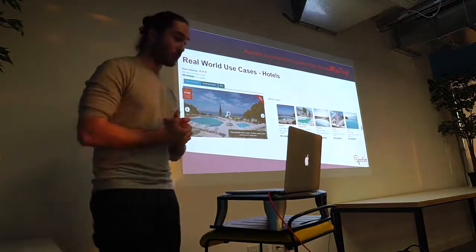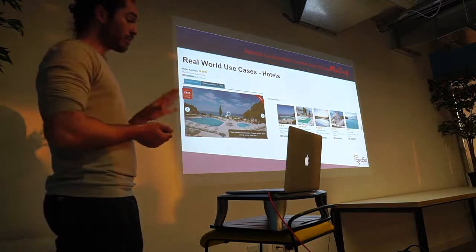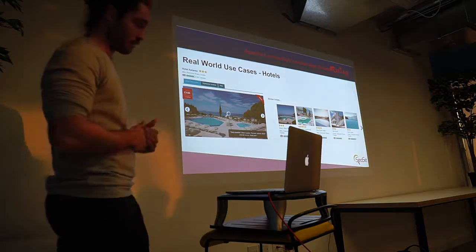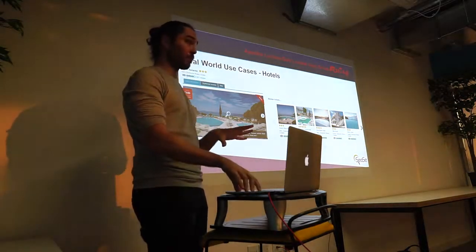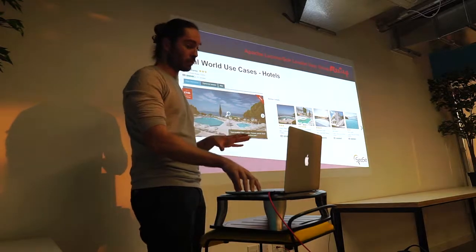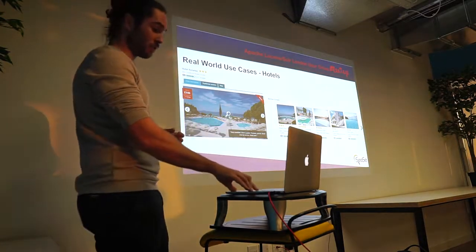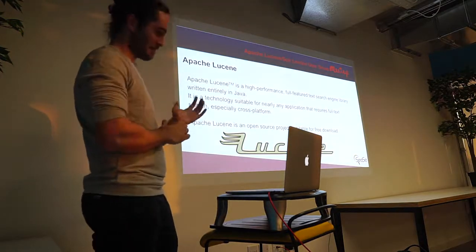Or Low Holidays. Low Holidays offers you the More Like This functionality. So when you explore a hotel, you may be able to see similar hotels to that one. And the similarity in this case was based on different factors. So not just the term distribution, but also the distance, the star rating and the geographical distance of the hotels at the time. Maybe it has been implemented differently now.